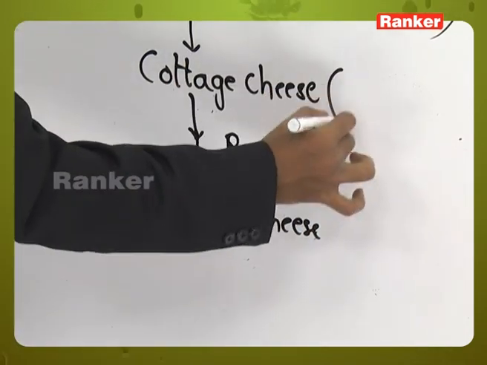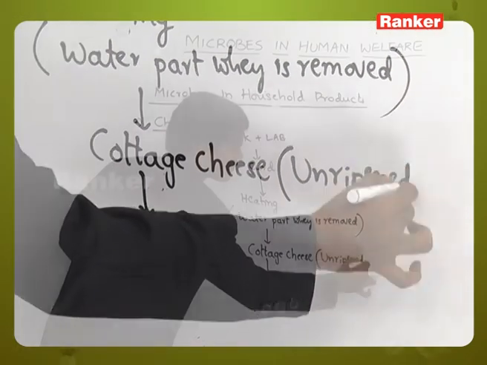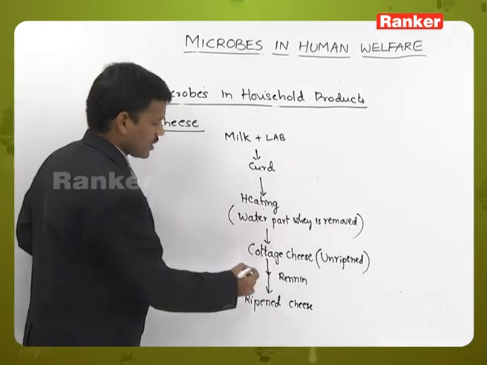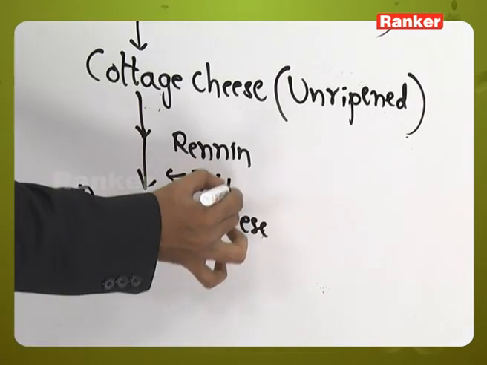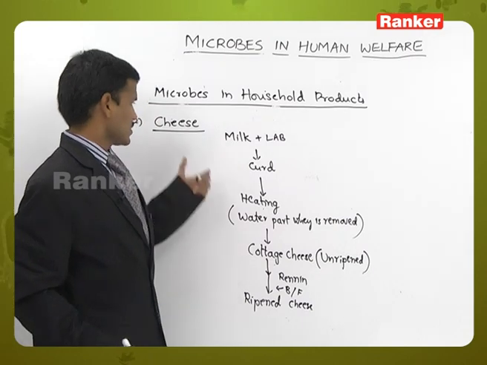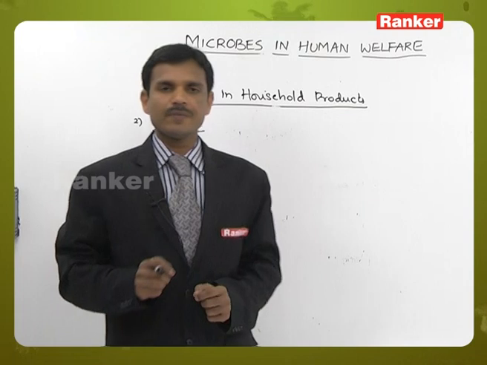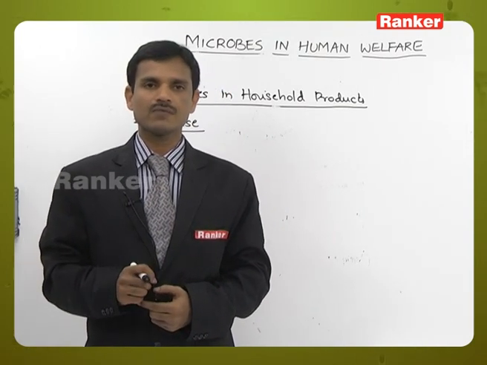Cottage cheese is unripened cheese. Some bacteria or fungal members are involved in the ripening process. So, that is the cheese process. In cheese fermentation or ripening, different bacteria and fungal members are involved.